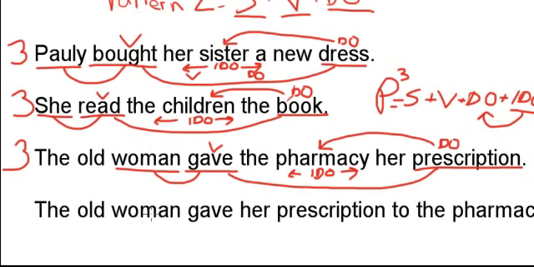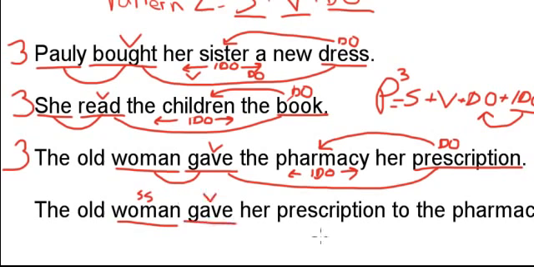That is also number 3. Now this next sentence here I put there to give you a sentence that might trip you up a little bit. We have almost the same meaning. In this sentence, the old woman gave the pharmacy a prescription. In this sentence, the old woman gave her prescription to the pharmacy. It means exactly the same thing, but that doesn't mean we still have an IDO. Let's check it out. The woman is our simple subject, just like in this sentence. Gave is our verb, just like in this sentence.